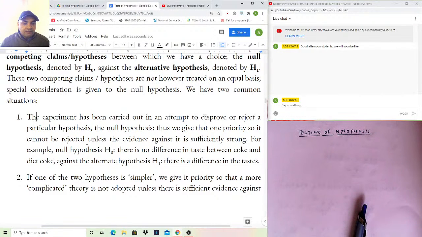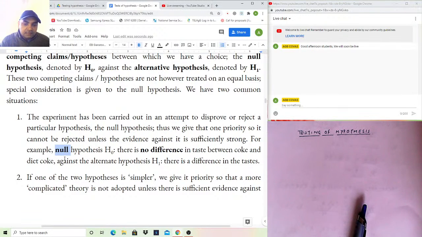The name suggests null means no difference, so whenever we take a null hypothesis, we take no difference as a default, and the other will be against it, that is, the alternate hypothesis that there is a difference.